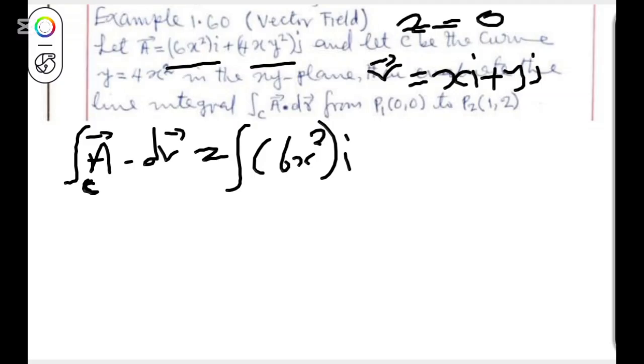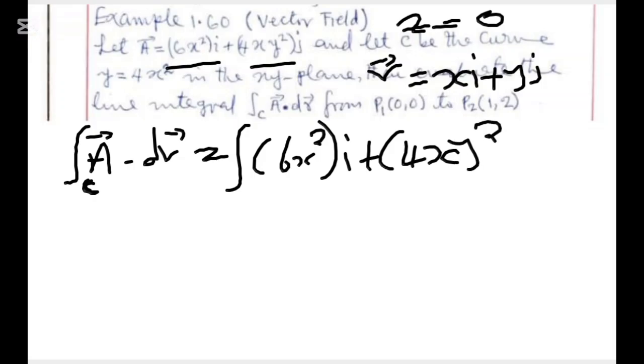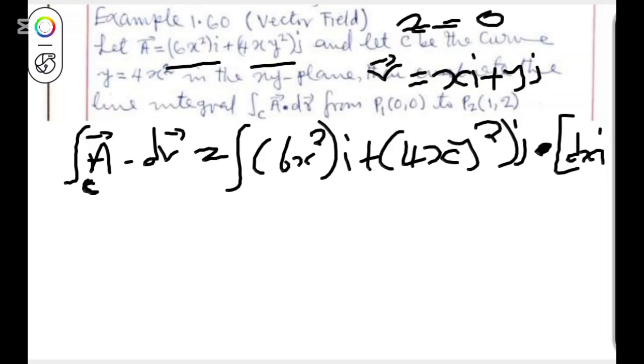So then I have to say plus 4x y squared j. So I have to dot it with dx i plus dy j.